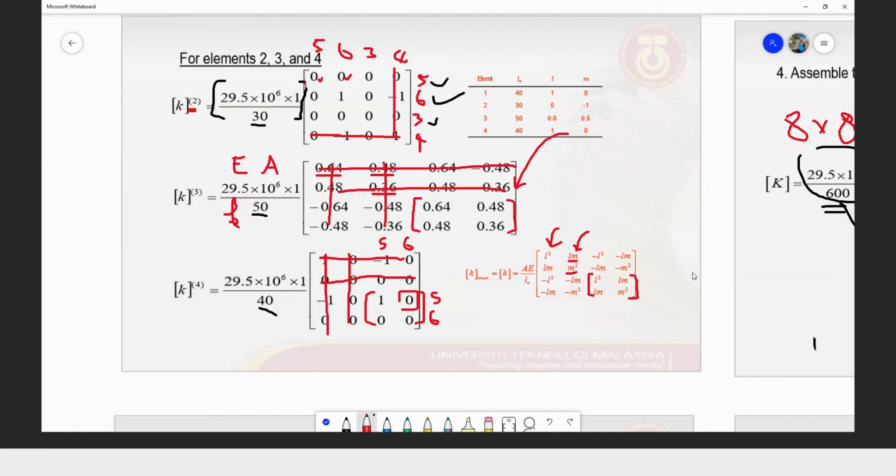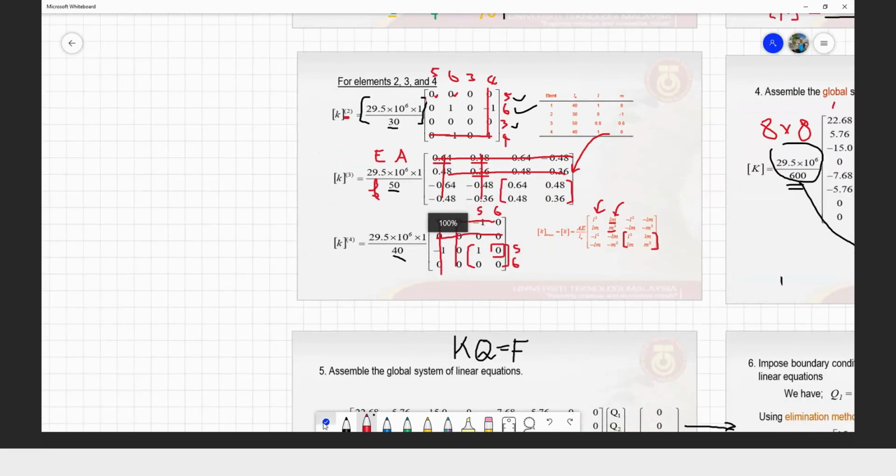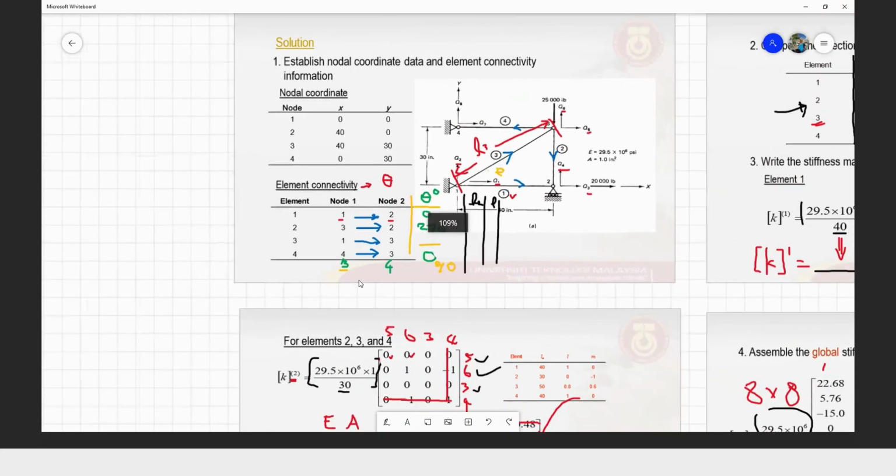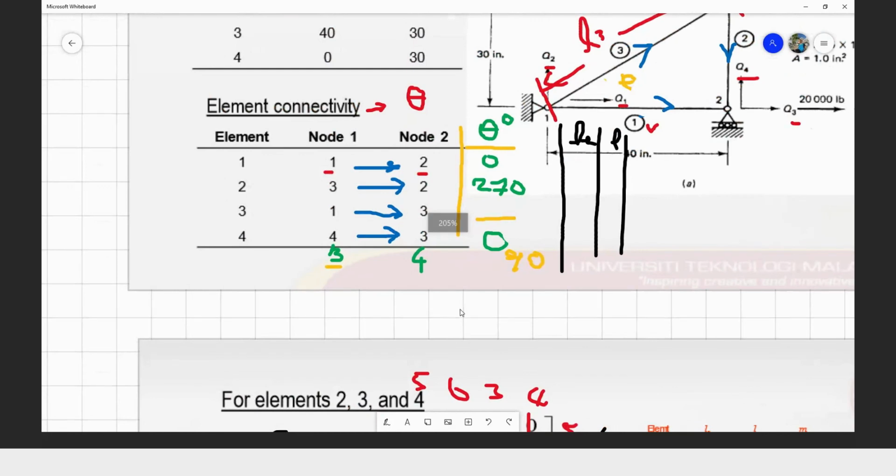Cuma, saya nak highlight dekat sini, for whatever element connectivity yang diberikan ataupun yang kamu decide, kamu punya matrix, local matrix tu mungkin lain.